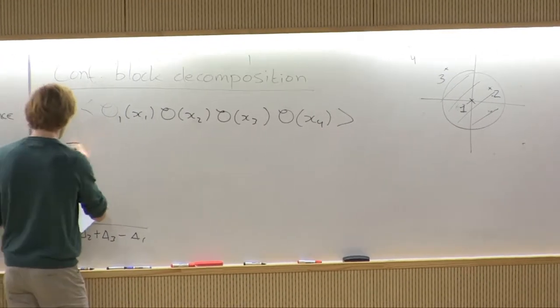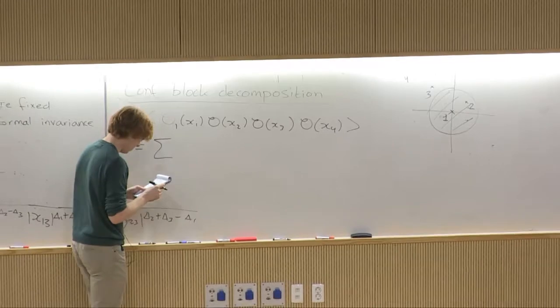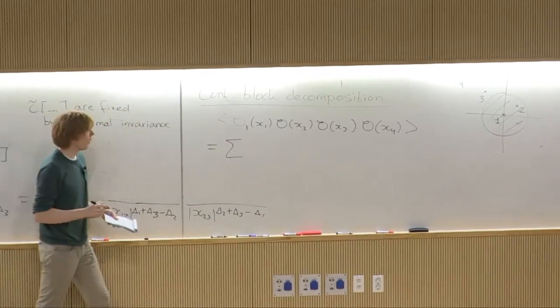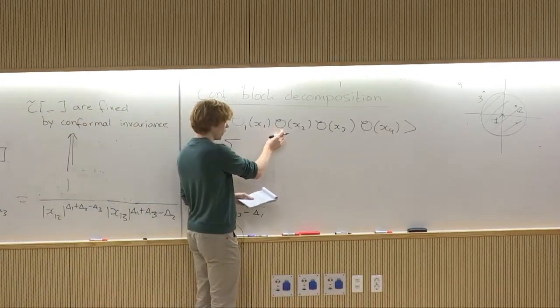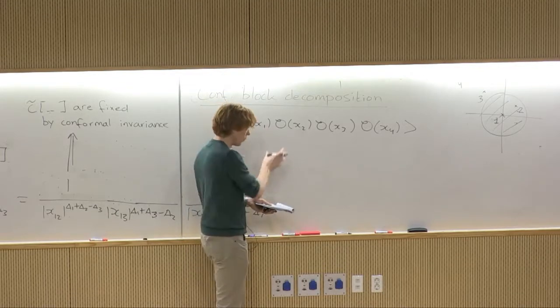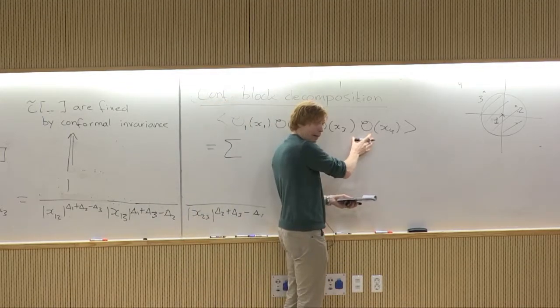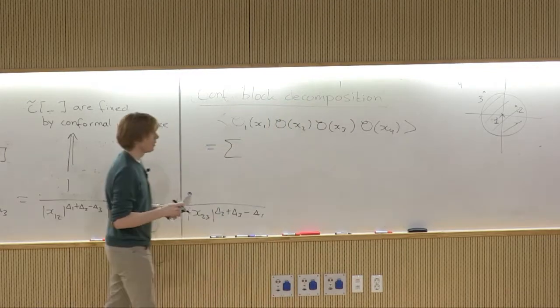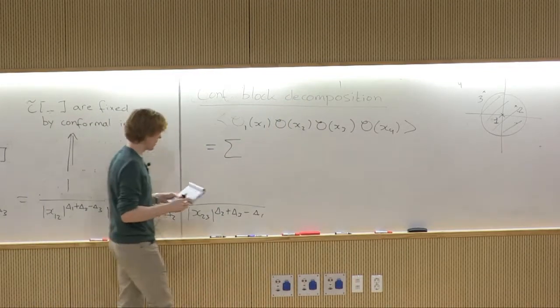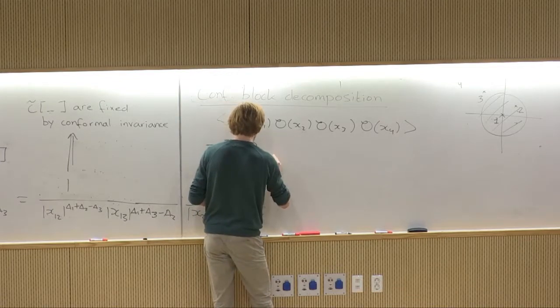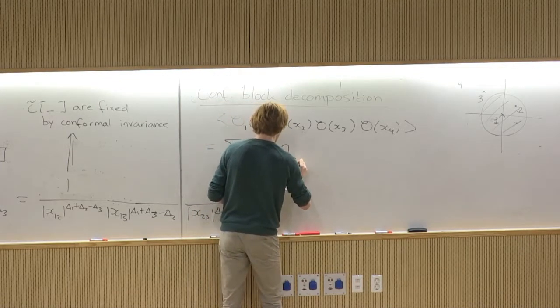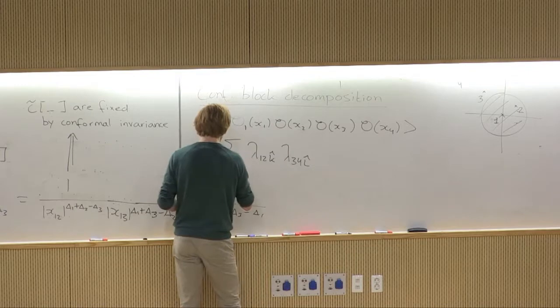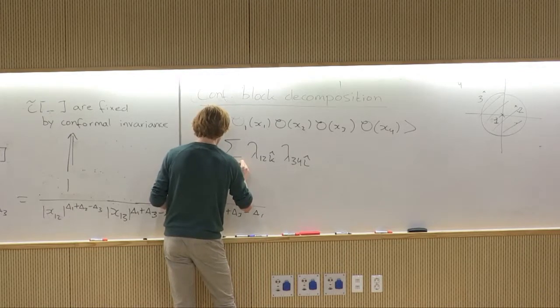What you will get is that you can apply the operator product expansion to fuse 1 and 2 together into a sum of operators. But you can also apply the operator product expansion to fuse x3 and x4 together as a sum of operators. So what you get is lambda 1, 2, k hat, lambda, a sum over k hat and l hat.